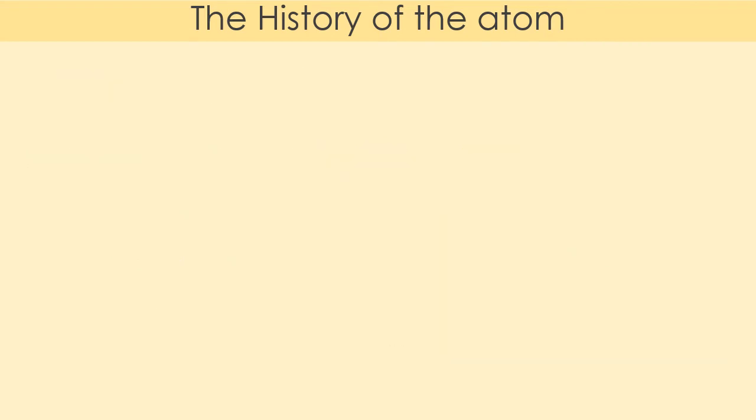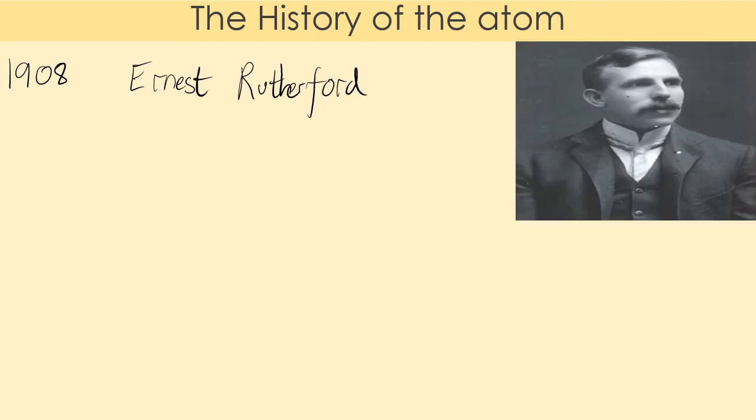So we go forwards a few years to 1908, and we have this chap called Ernest Rutherford. Ernest Rutherford was born in New Zealand, but moved over to Britain to study physics. There he is there. And he, along with some of his students, did an experiment using a very thin sheet of gold, and they fired some positive particles at it.